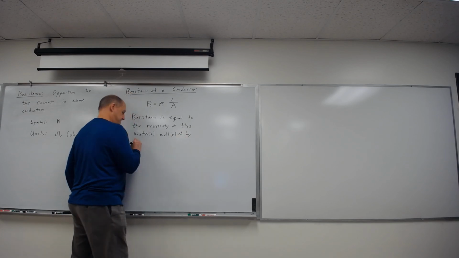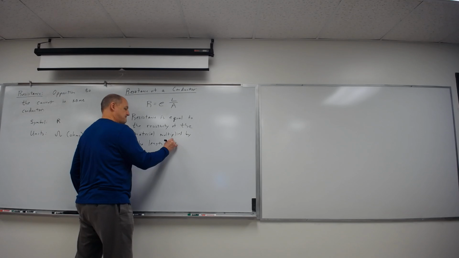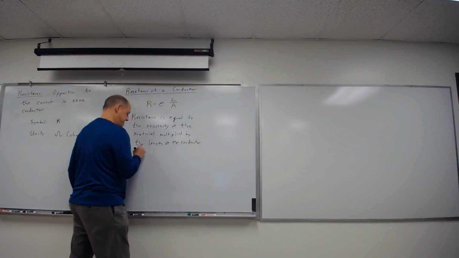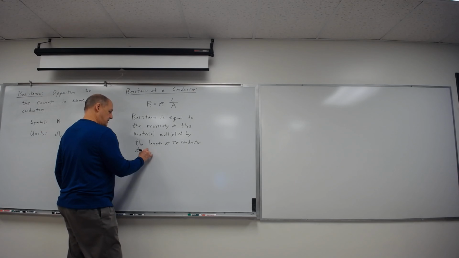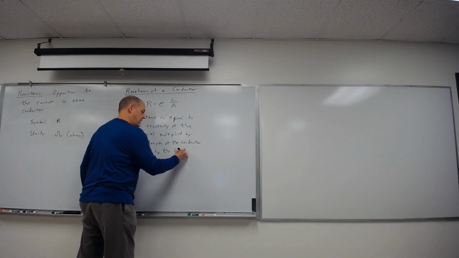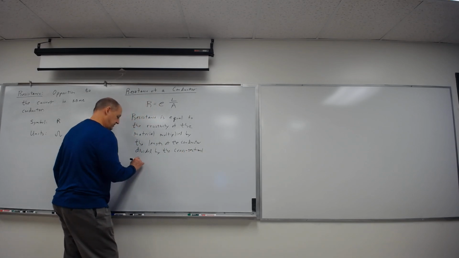multiplied by the length of the conductor, divided by the area. It's the cross-sectional area of the conductor.